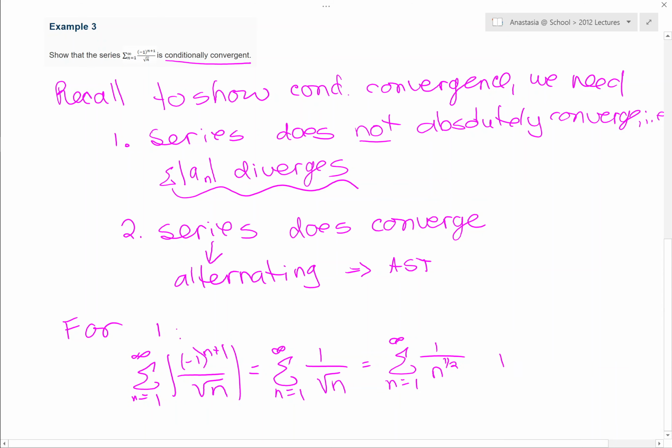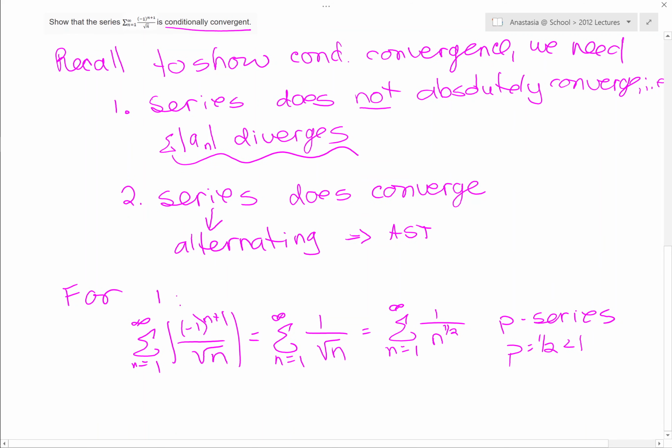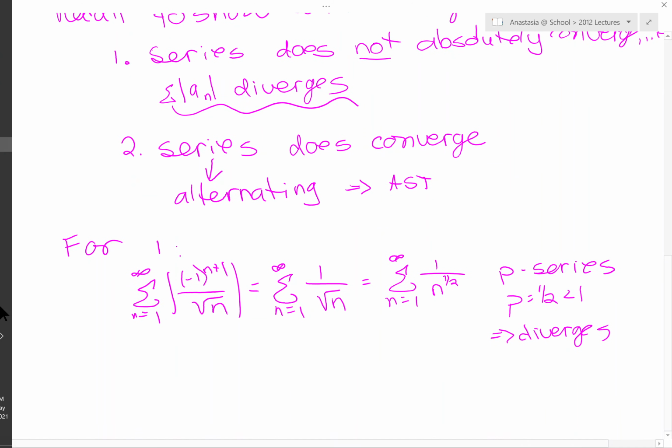Again, this is a p-series. p is equal to 1/2 here. P-series converge depending on whether the p-value is greater than or less than 1. In this case, p is strictly less than 1, so that means that it does diverge. So the series of absolute values diverges.